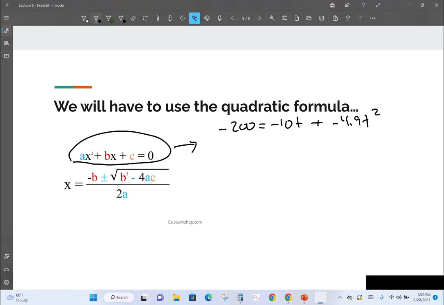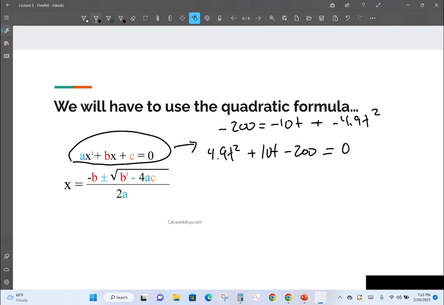It says something x squared plus something x plus something. So I'm going to add everything over to the left-hand side. I'm going to get 4.9t squared plus 10t minus 200 equals 0.